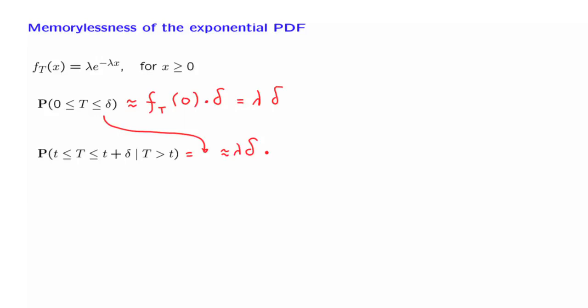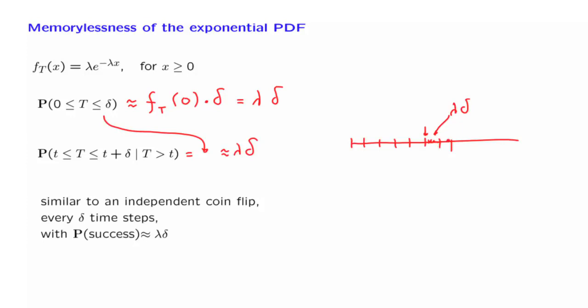One way of thinking about this situation is that the time interval is split into little intervals of length delta. And as long as the light bulb is alive, if it is alive at this point, it will have probability lambda delta of burning out during the next interval of length delta. This is like flipping a coin. Once every delta time steps, there is a probability lambda delta that there is a success in that coin flip, where success corresponds to having the light bulb actually burn down.